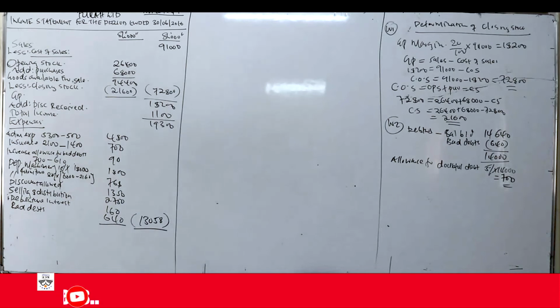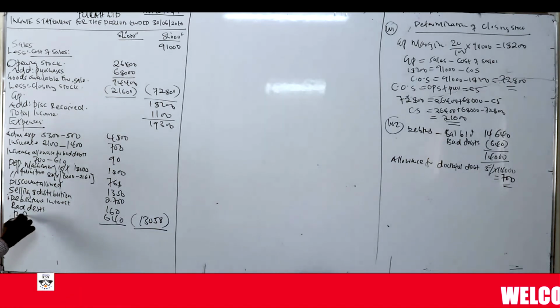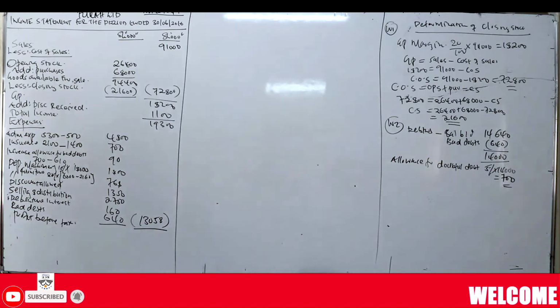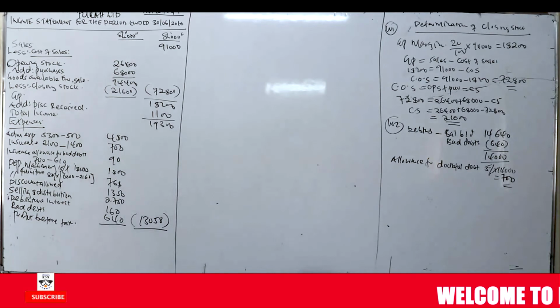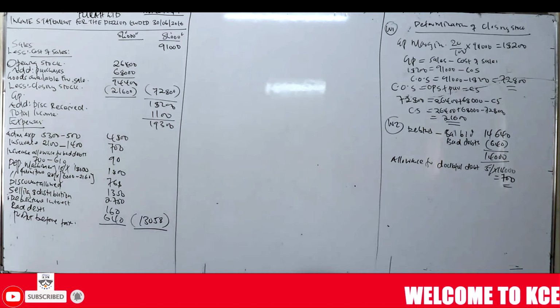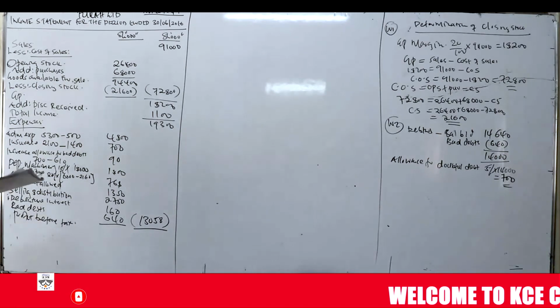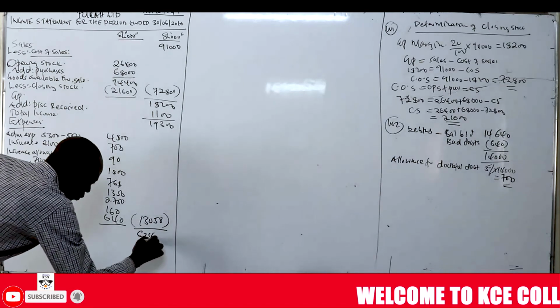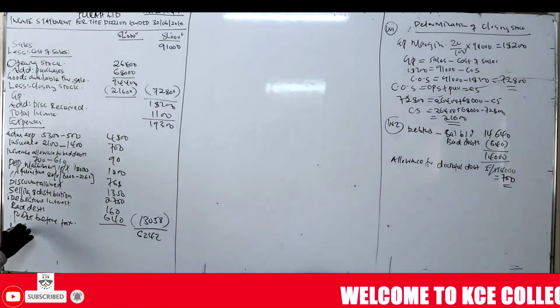So profit before tax, which is how much? $19,300 minus 13,058. How much is that? 62. And then we less tax.